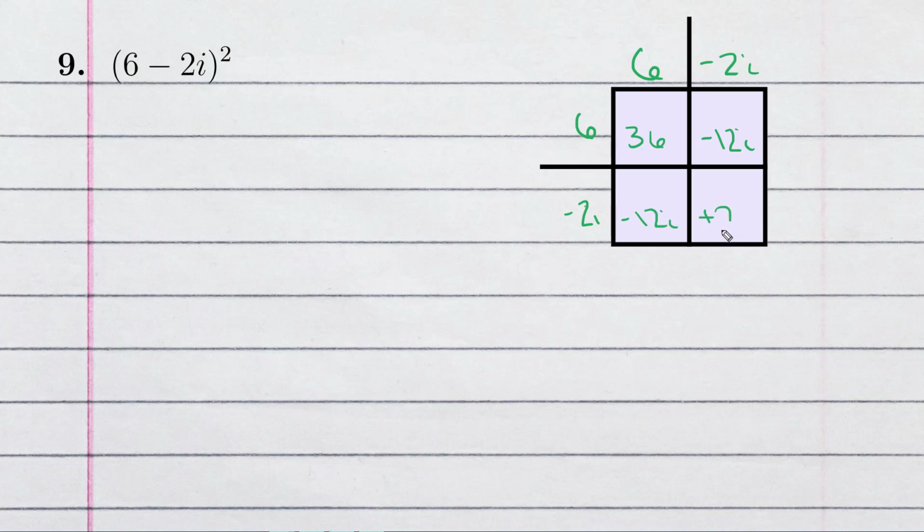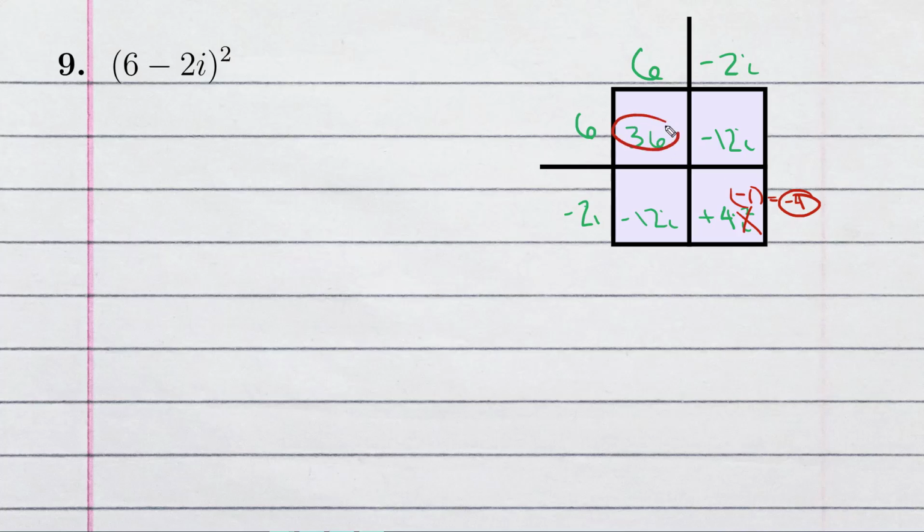And that gives us positive 4i squared. Well, we discussed that i squared is negative 1. Because every time we see an i squared, we're going to write a negative 1. So 4 times negative 1 is negative 4.